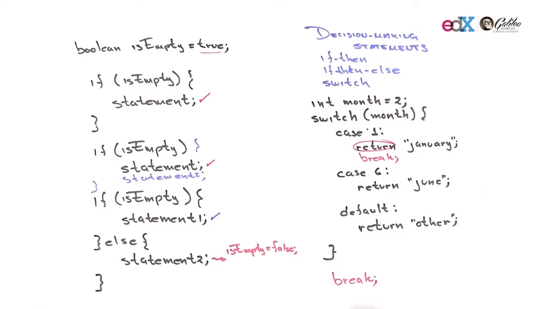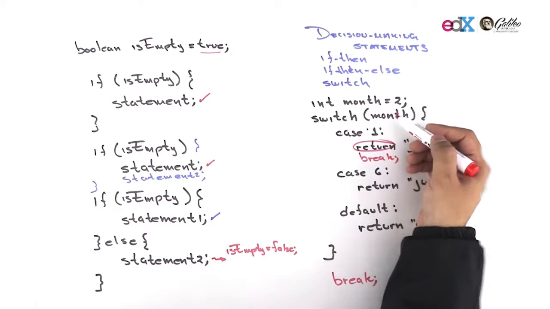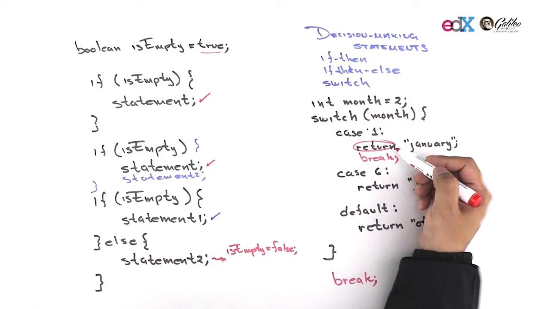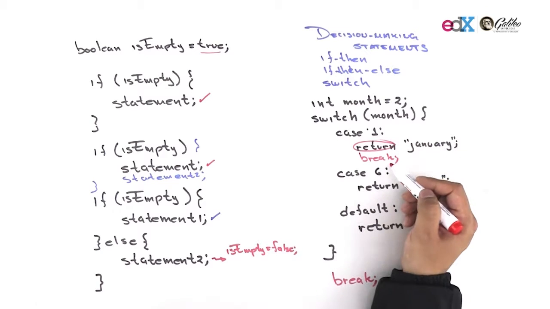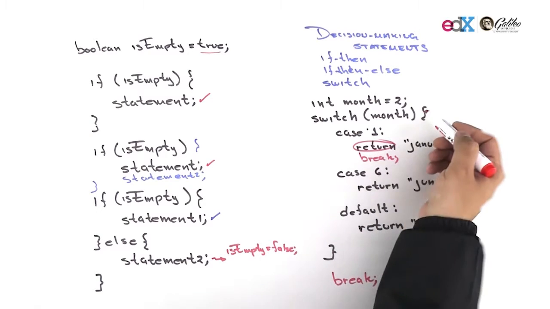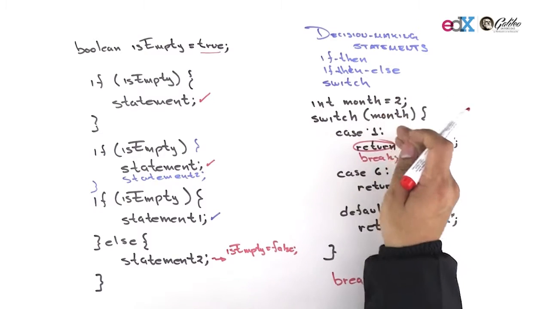Why? Because if you evaluate case 1 and month is equal to 1, this part will execute. But this break will make the flow exit out of the switch statement. This is not a problem because maybe it's what I want.